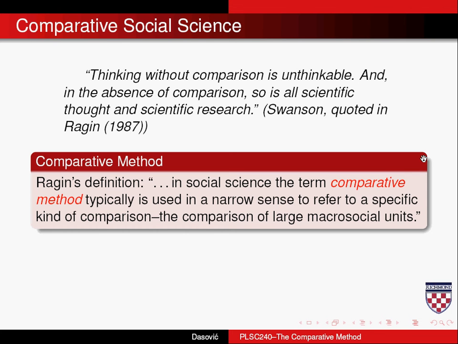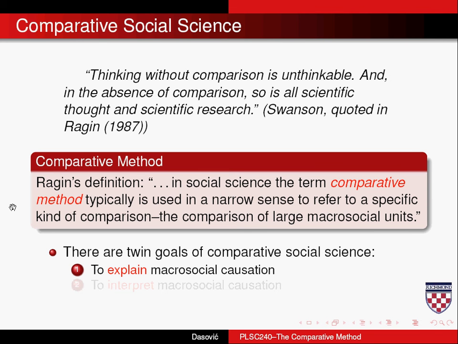Okay, so the comparative method, according to Ragin, as it's used in comparative politics, is usually defined in a narrow sense. It refers to a specific kind of comparison, and that's the comparison of large macro social units. The macro social units that we will be studying most this semester will be countries, so different states around the world, and comparing them against each other on the basis of various factors, dimensions, and phenomena.